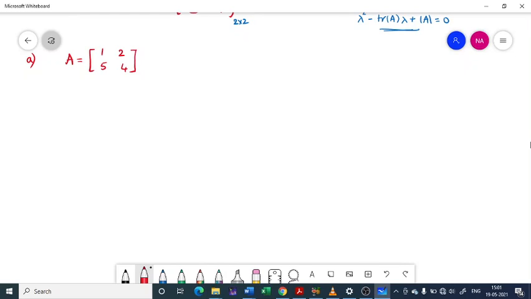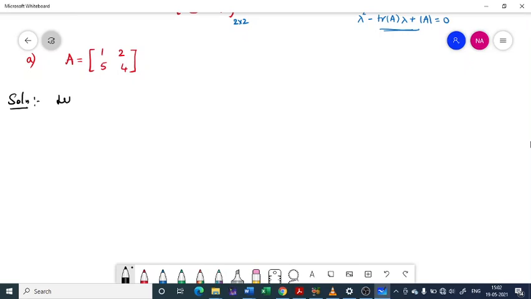Solution. So here A equals 1 2 5 4. I will directly write the polynomial. Just to save time, I am not going to write all the steps clearly, but while writing in your examination or internals, you have to write every step carefully. You should not miss any step.